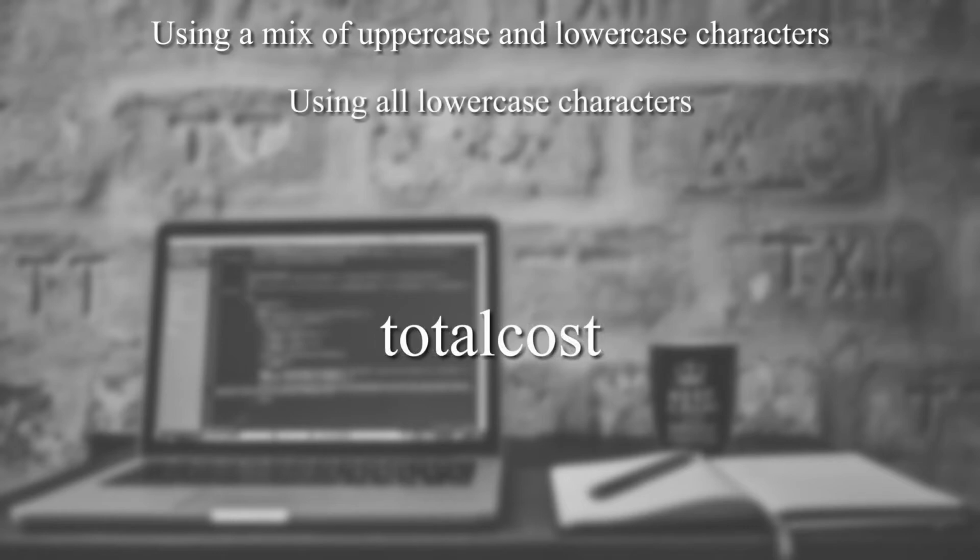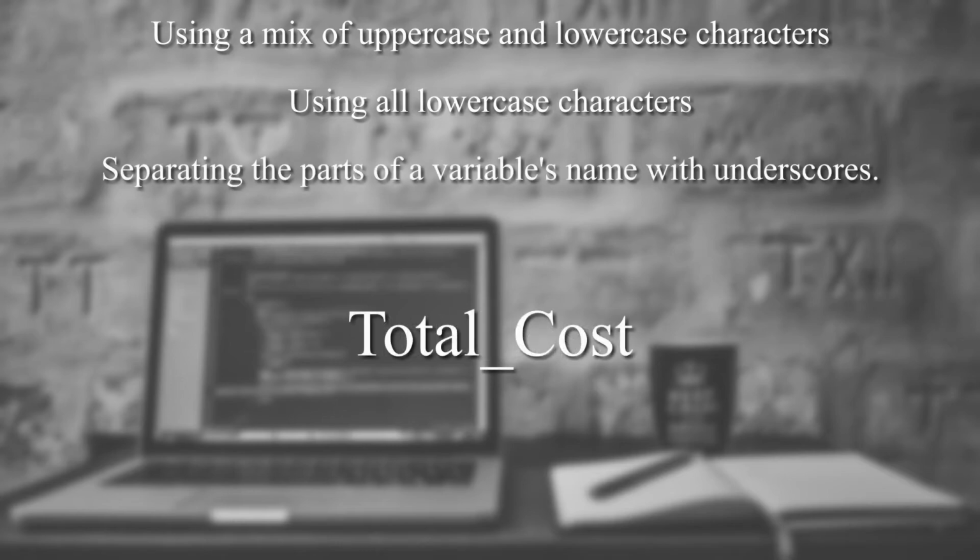You can use just all lowercase instead, so you don't capitalize the first letter. Everything is lowercase from the first letter all the way to the end. The third suggestion would be to choose a naming convention that puts underscores instead of spaces and makes your variables look like actual names, like total cost with a space in between replaced by the underscore, as you see on the screen there.